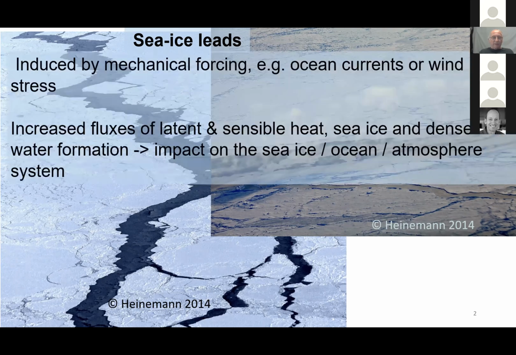The reason for the formation is mechanical forcing, mainly ocean currents and wind stress. As said before, the impact is on the sea ice-ocean-atmosphere system via the release of sensible and latent heat, but also sea ice formation and dense water formation.